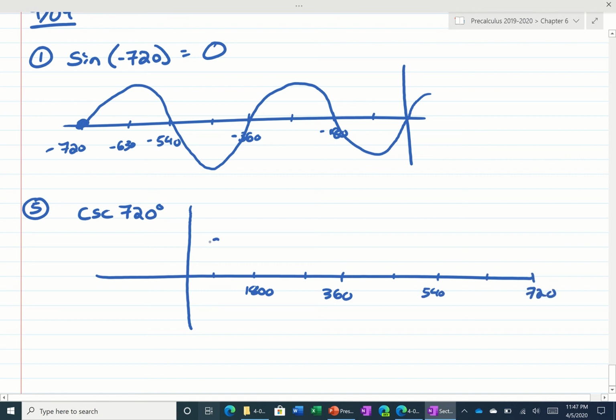Remember, the sine graph looks like this. If this is 90 degrees, it goes 1, 0, negative 1, 0, 1, 0, negative 1, 0, right there. So sine of 720 is 0, so cosecant would be the reciprocal, which would be undefined.